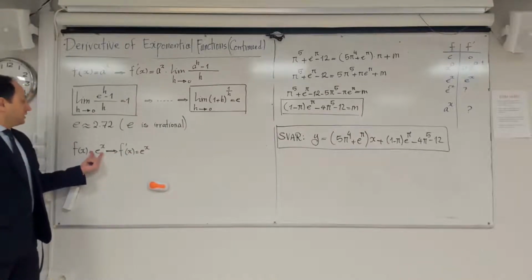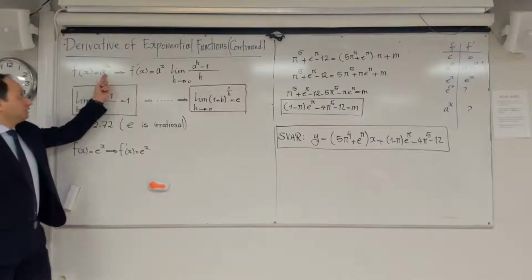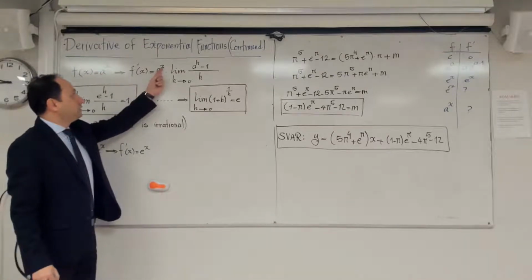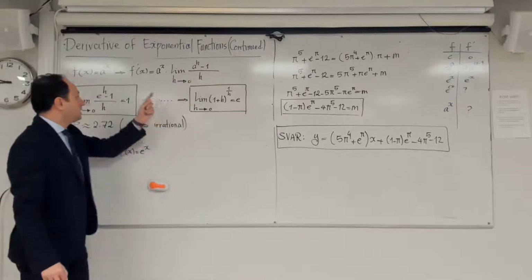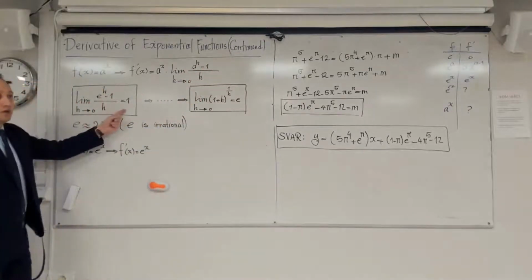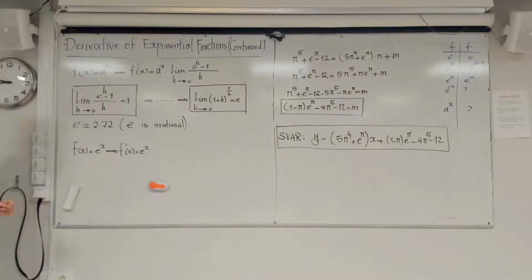Because if my function is e to the power x, I replace a with e. Then the derivative becomes e to the power x times the limit of (e to the power h minus 1) divided by h. But that limit is 1. So when I multiply 1 by e to the power x, I get the same thing. That was the reason that the derivative of this particular function is equal to itself.